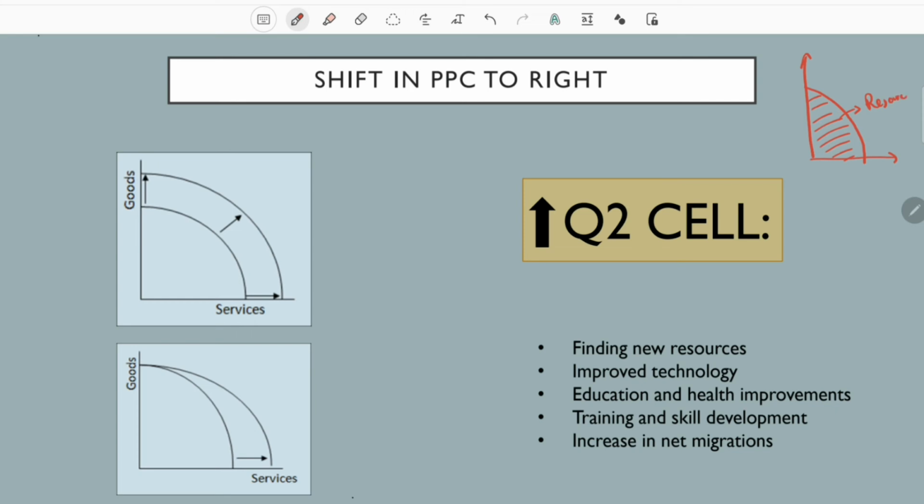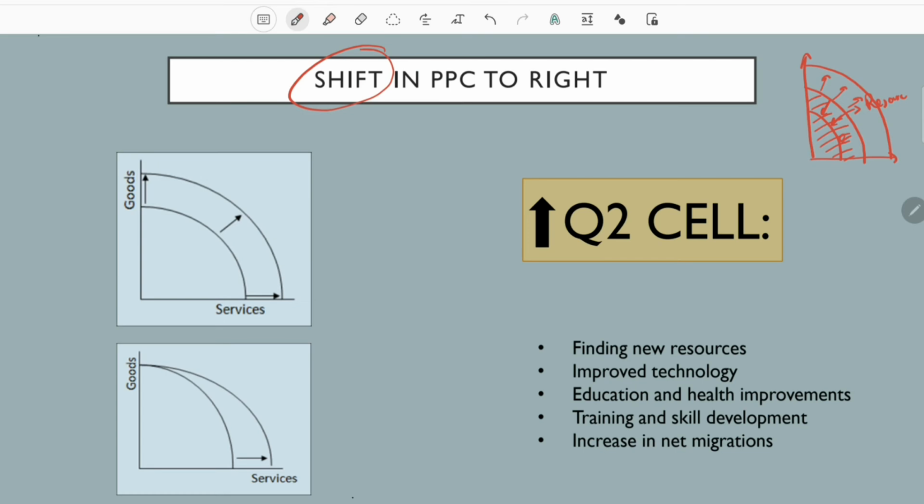We usually assume that in the short run, you cannot change the amount of resources in the economy. But when it comes to the long run, right, we have the capacity of either increasing the amount of resources or decreasing the amount of resources. So that is shown by using the shifts in the production possibility curve.